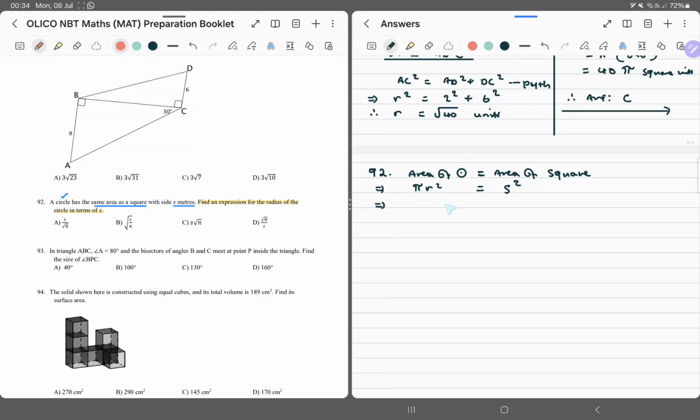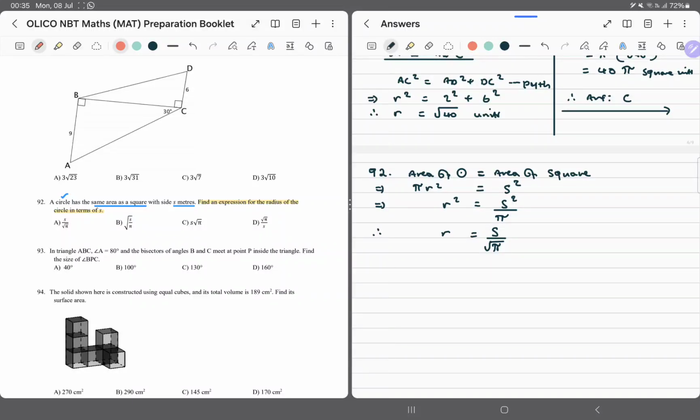So if we divide by pi, r squared is going to be s squared divided by pi. Right. Therefore our r, when we take the square root, is just going to be s divided by the square root of pi.